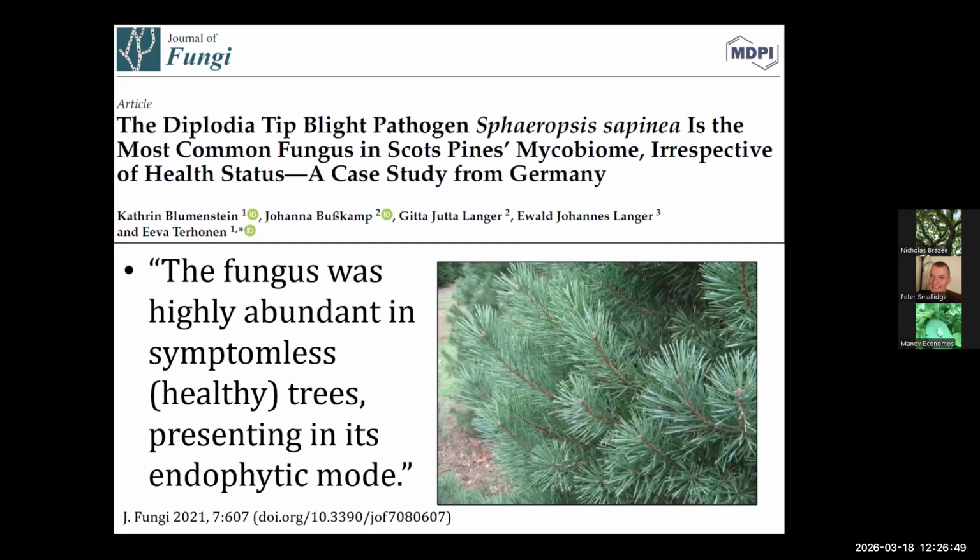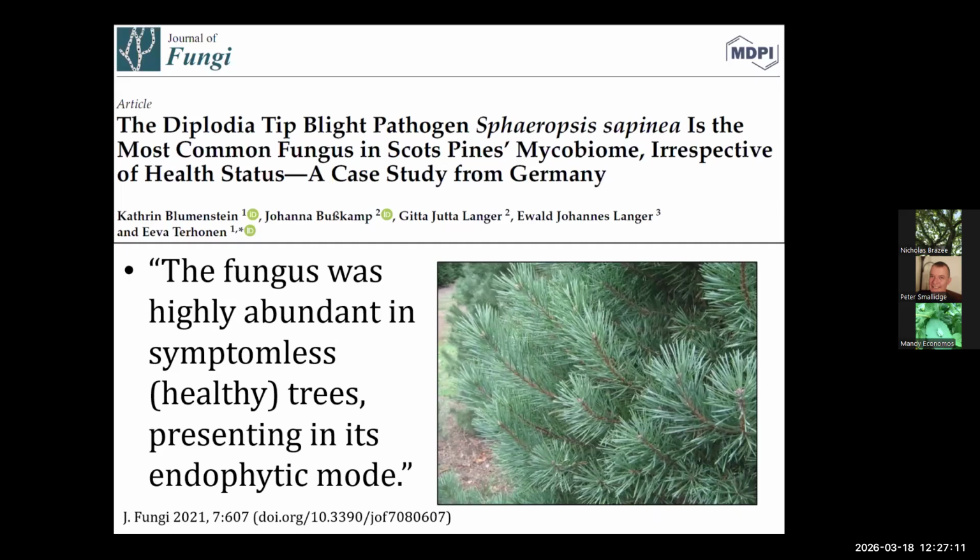If you think of your own body and think of the microbiome present within, there's all kinds of microorganisms inside our bodies. Well, if we were to just look at the fungi that are present, that would be the mycobiome. So they're saying that Diplodia is the most common fungus in Scots pine that they looked at, irrespective of its health status.